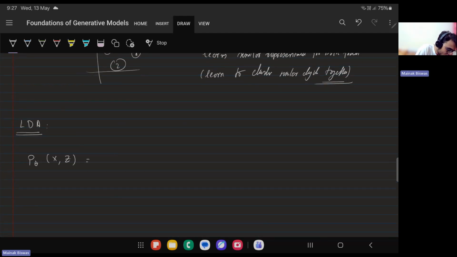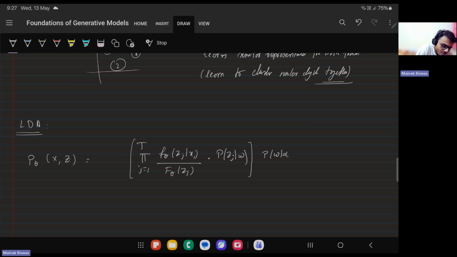This becomes p theta of z, or we can write this as the product of j equal to 1 to J, f theta of zj given xj, or capital F theta of zj, into p theta of zj given omega, into p of omega given alpha.